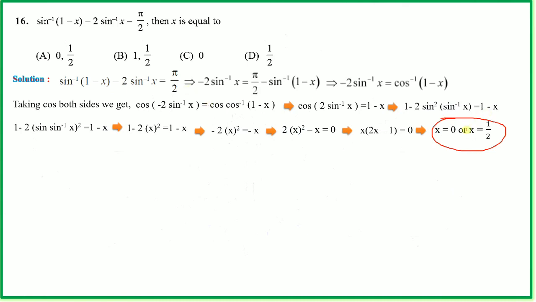Now you have to check which of the following options 1, 2, 3 or 4 is true. So for that, look here: x is equal to 0 and x is equal to 1 by 2.